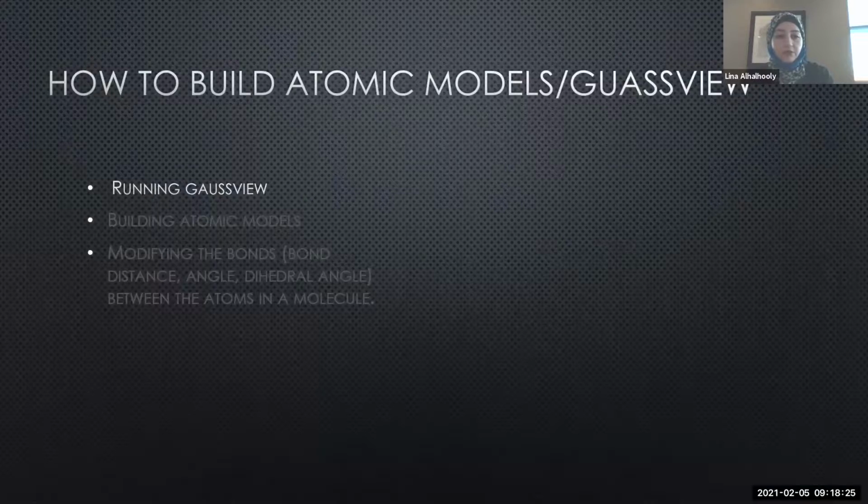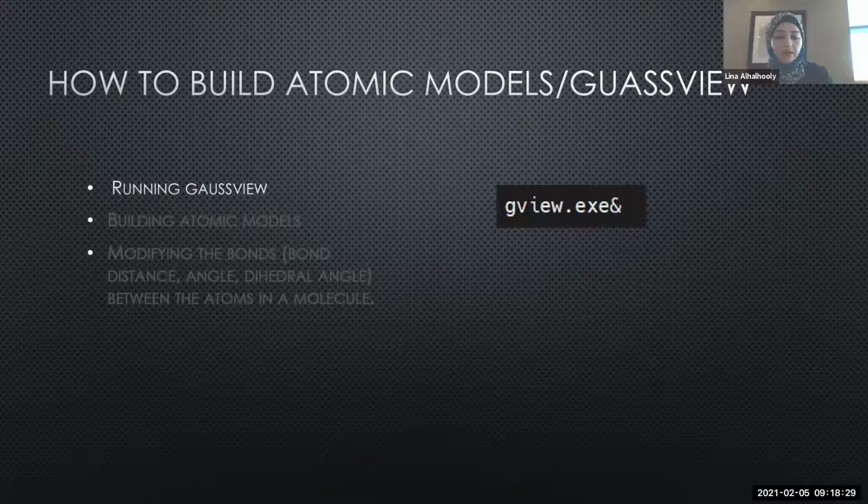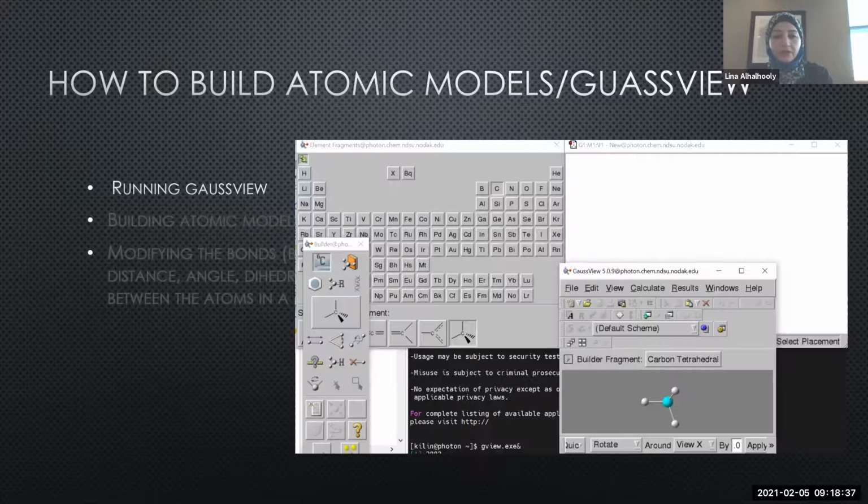First, running Gauss View, we have this command. I think we are familiar now with this command, and if you use this command you will get these windows. Among these windows we have the control panel, which has the important menu bar and toolbars that you need.